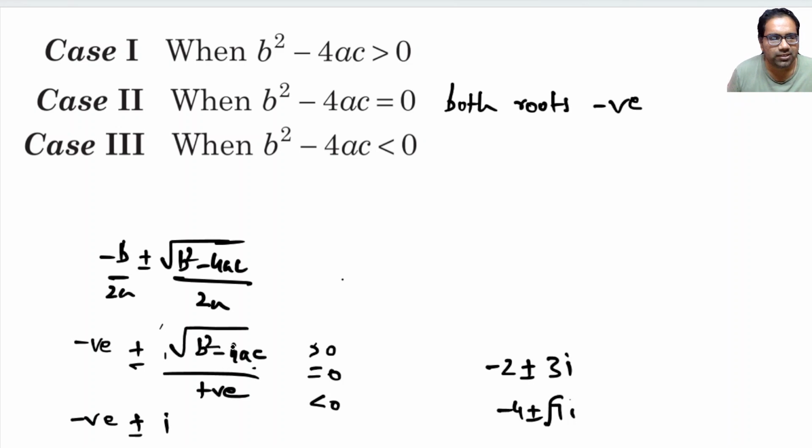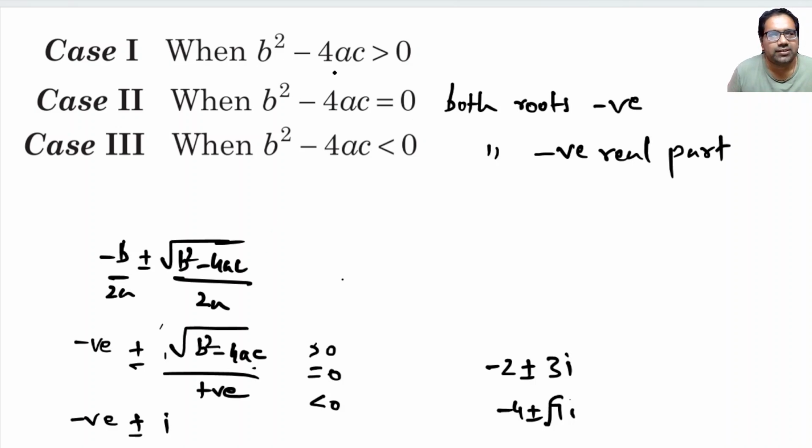This part will definitely be complex and it will have a real part. So both roots are complex conjugates of each other and both roots will have negative real part. Okay, this is clear. Both roots will have negative real part.